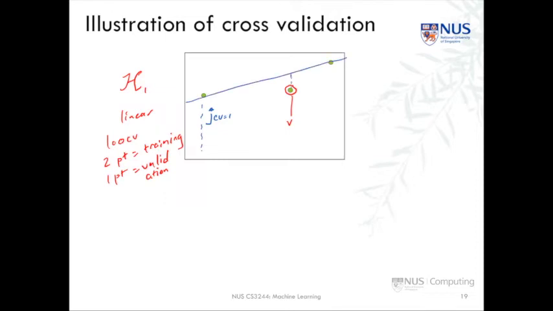This is our cost when J CV equals 2. Now let's rotate our third point for validation. Again, we'll draw a line through, and we'll obtain a third cost for this one.